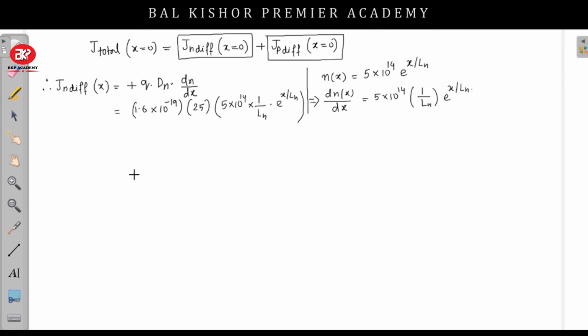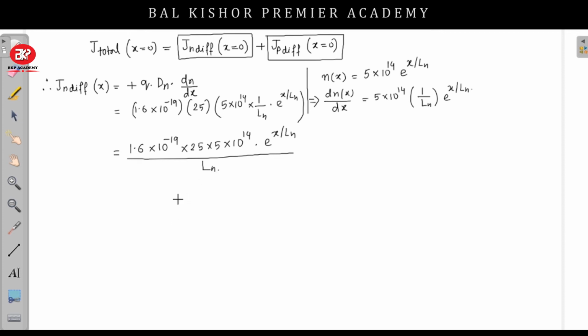Now you can see the total equation. In this total equation you can find 1.6 into 10 to the power minus 19 into 25 into 5 into 10 to the power 14 into e to the power x by Ln divided by Ln.